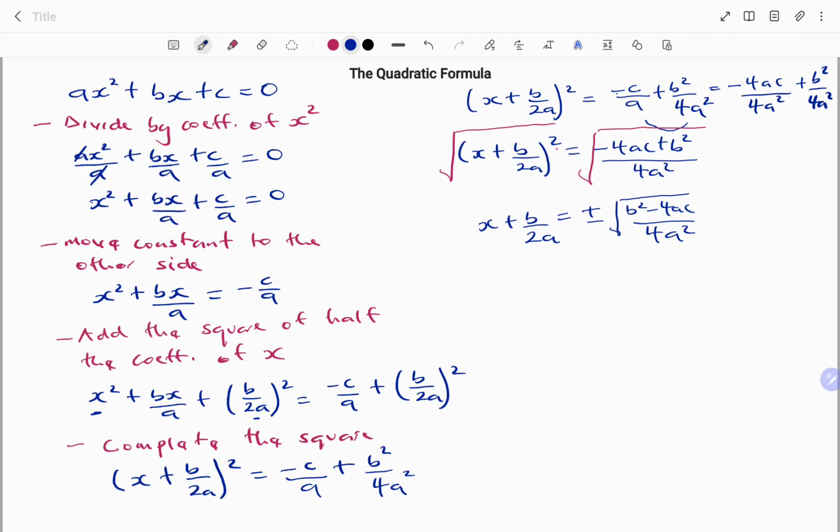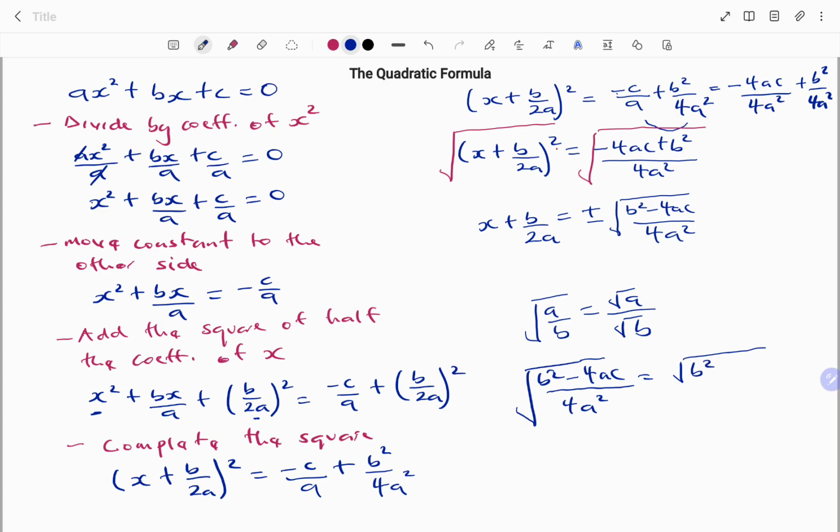My rule of surds says the root of a over b is the same as root of a over root of b. So what I have here, the square root of b squared minus 4ac all over 4a squared, is the same as the square root of b squared minus 4ac over the square root of 4a squared, which is the same as the square root of b squared minus 4ac over 2a.